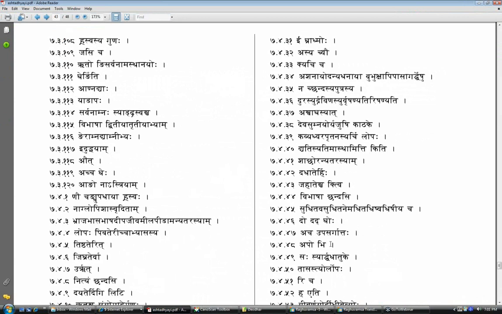Adbhyas sambhutah prithivyai rasach cha, so adbhya is a form. So in sutram 7.4.48, clearly only the pa needs to be replaced by da. You cannot replace the entire ap, otherwise the whole pratipadikam will be lost. So you want to replace only the ending pa by this da.